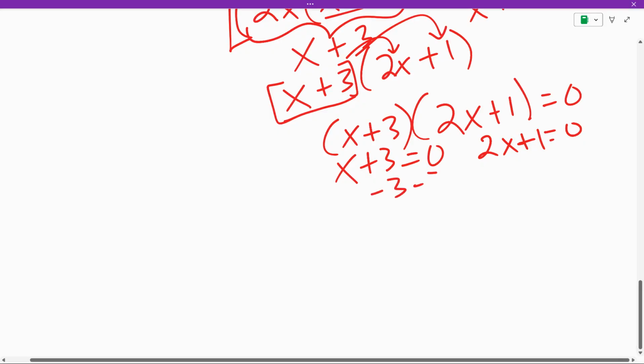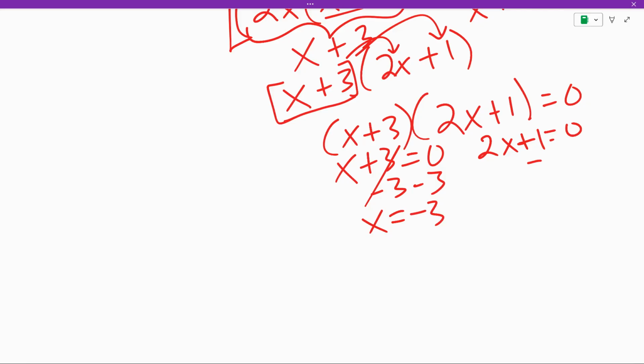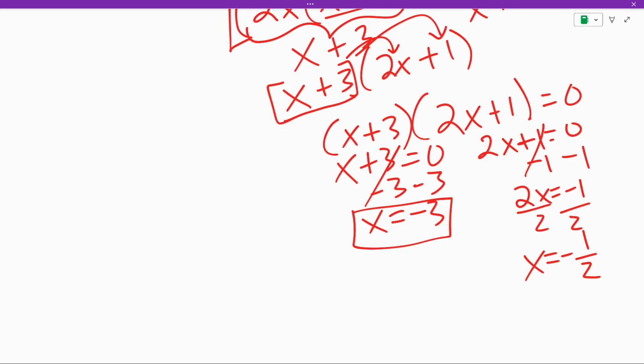So subtract 3 over here, you get x equals -3. Subtract 1 over here, you get 2x equals -1, divide both sides by 2, you get x equals -1/2. So your solutions are x equals -3 and x equals -1/2.